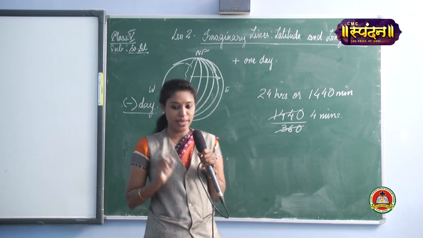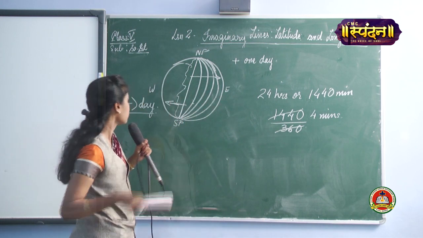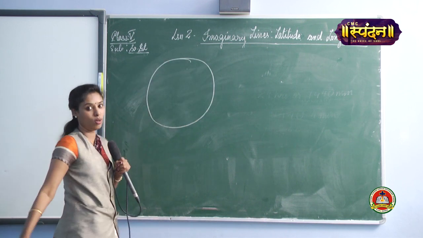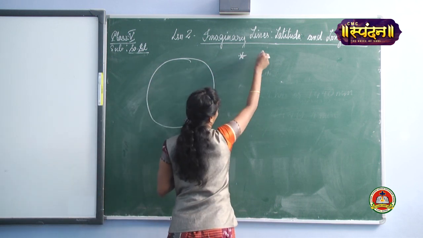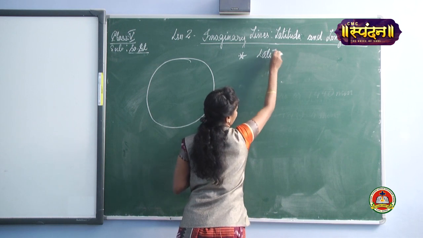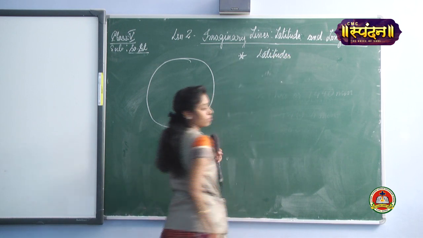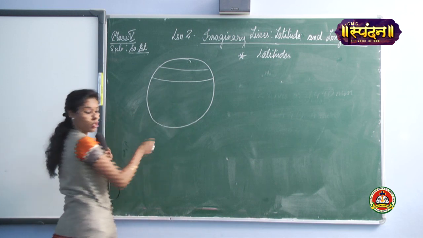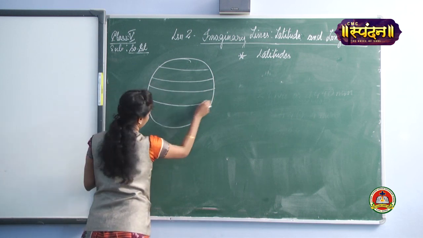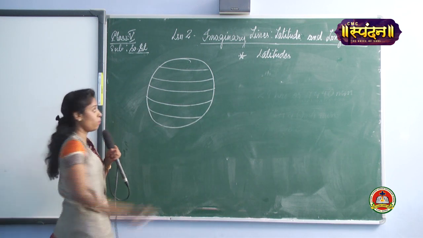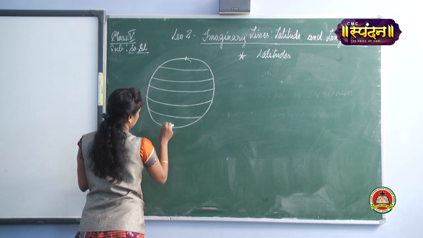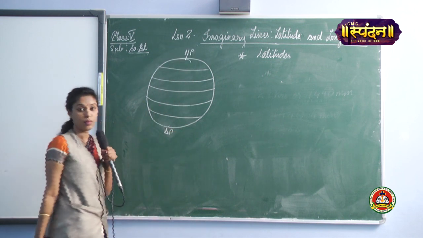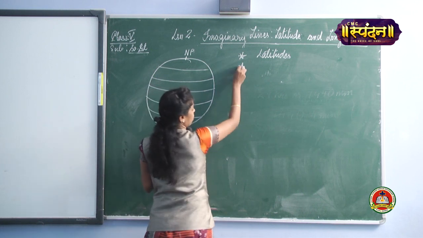So just a small recap of all that we had learned today. The first point that you learned was your latitudes, that are horizontal lines running parallel to each other. Then we learned about the longitudes.